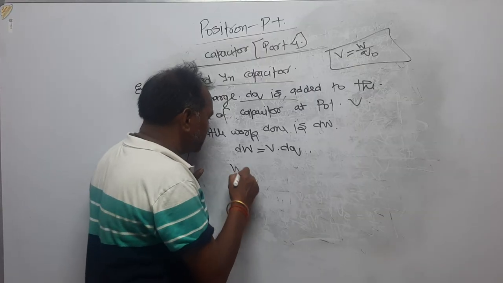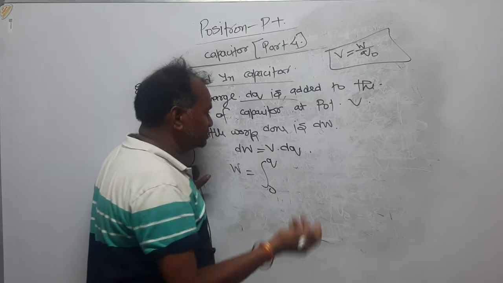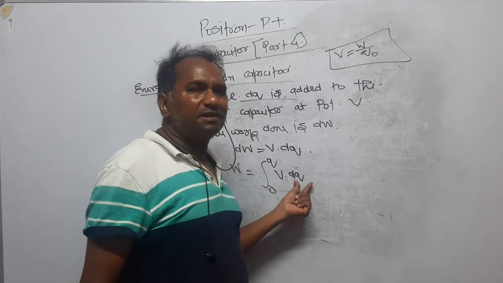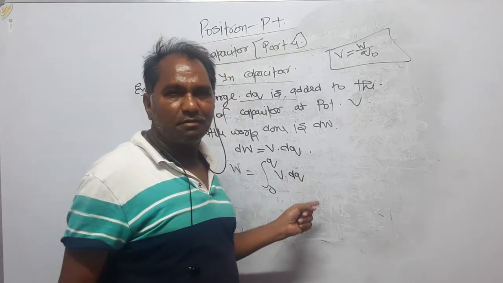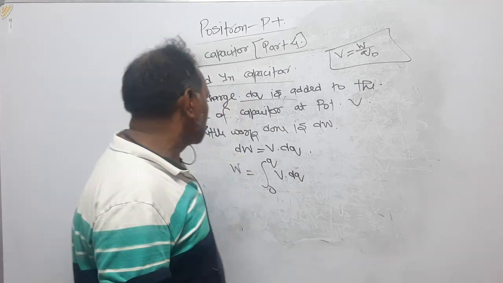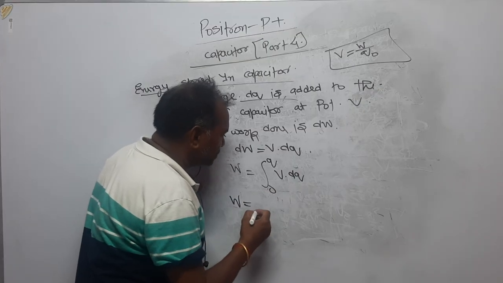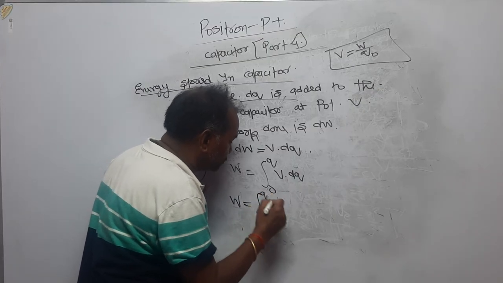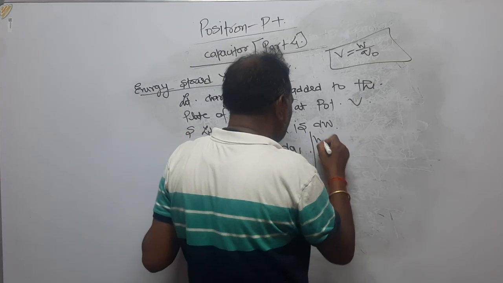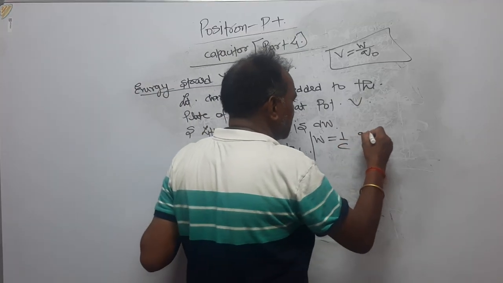You can integrate. Now you are going to add the charge from 0 to Q, so the limit will be 0 to Q. The basic concept is that you are just integrating the function with respect to Q, so the limits should be with respect to Q. So W is equal to the integral from 0 to Q of Q upon C dQ, since V is equal to Q upon C. W is equal to 1 by C times the integral of Q dQ, which is Q square by 2.